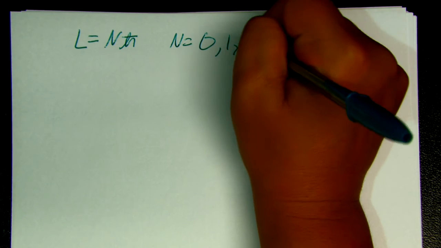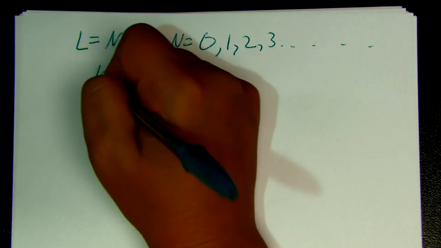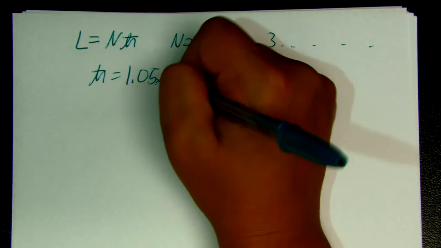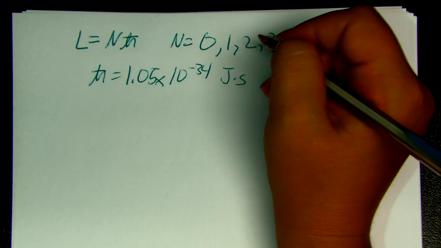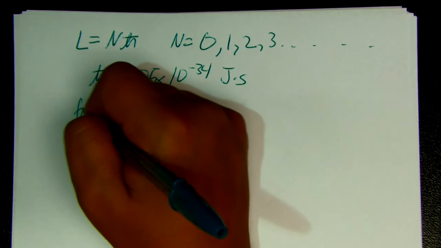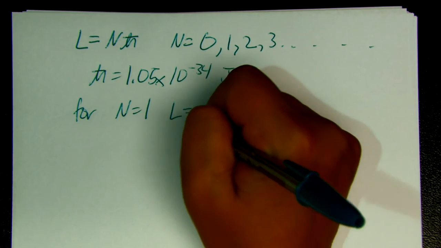And so what we can see from here is that magnetic dipole moments come from electron orbits, which are quantized, as we learned about in Chapter 8. And so that implies that angular momentum is quantized. So the angular momentum is n h bar, where n would be those quantum states 0, 1, 2, 3, etc., and h bar is 1.05 times 10 to the minus 34 joule seconds. So for n equals 1, L equals h bar.